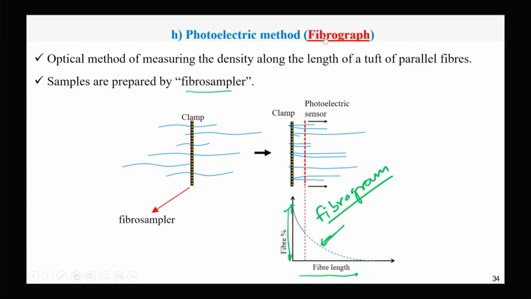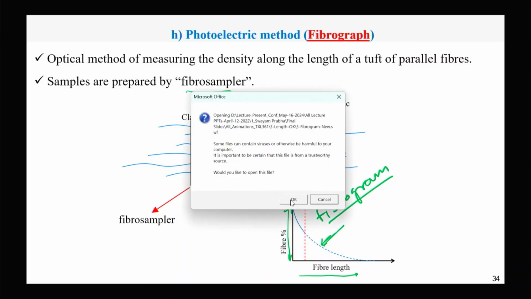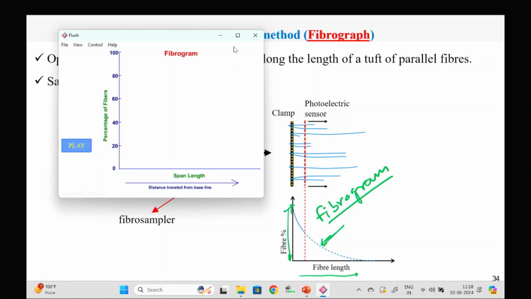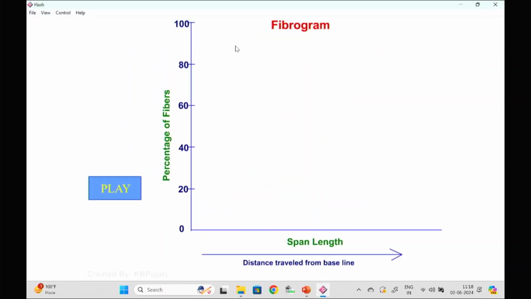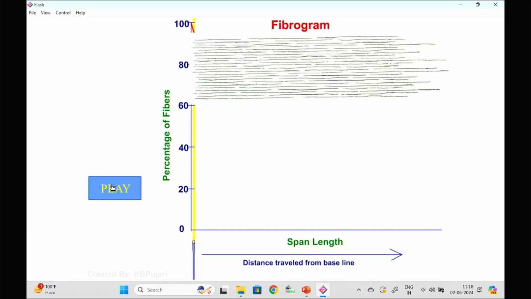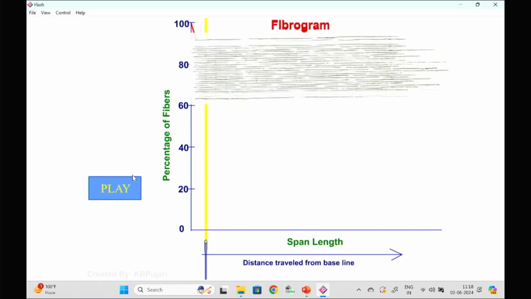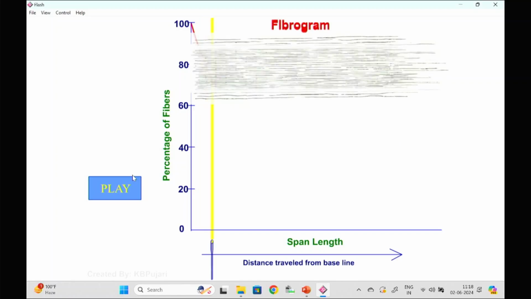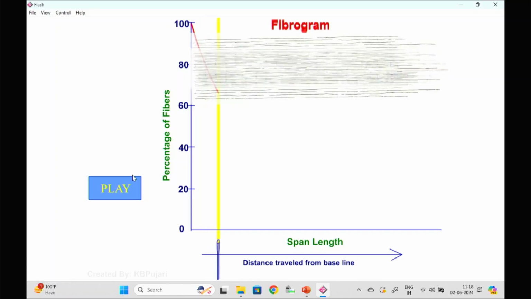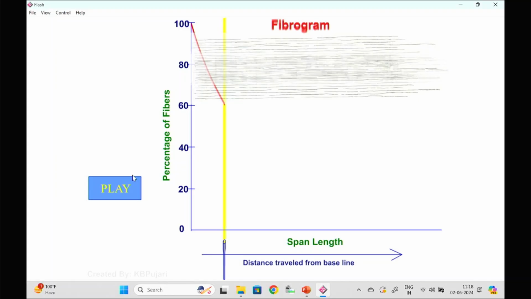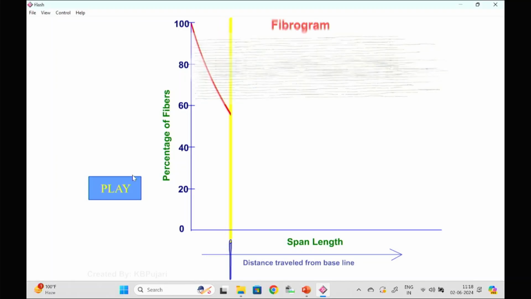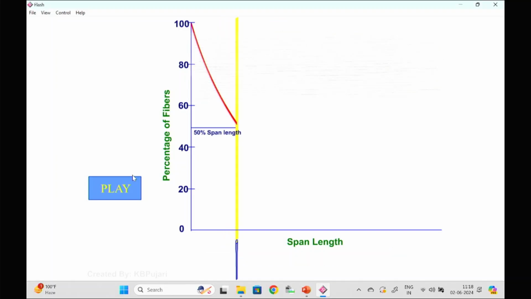Now we can see the animation. Just see, when the scanning is going on, at the leftmost point is the 100% fiber, whatever the maximum density, we call it 100%.